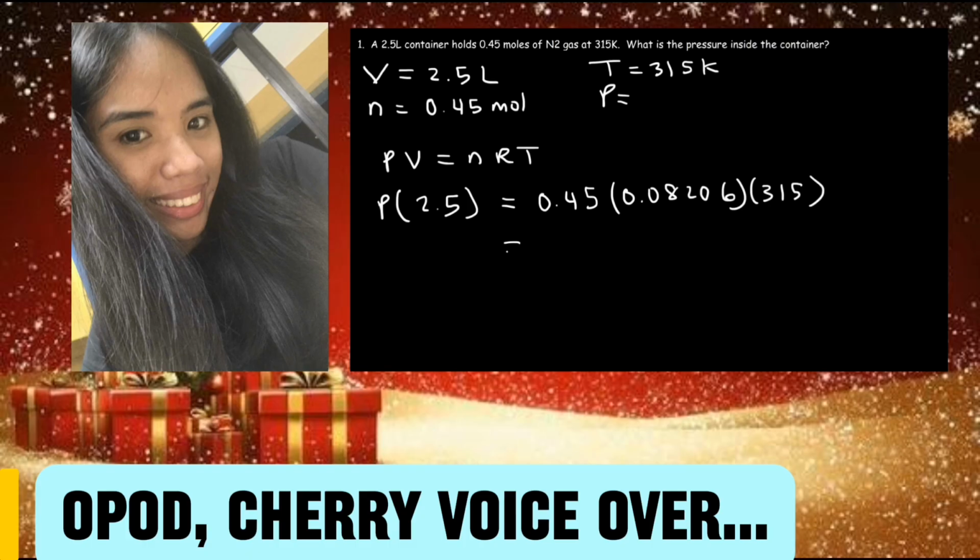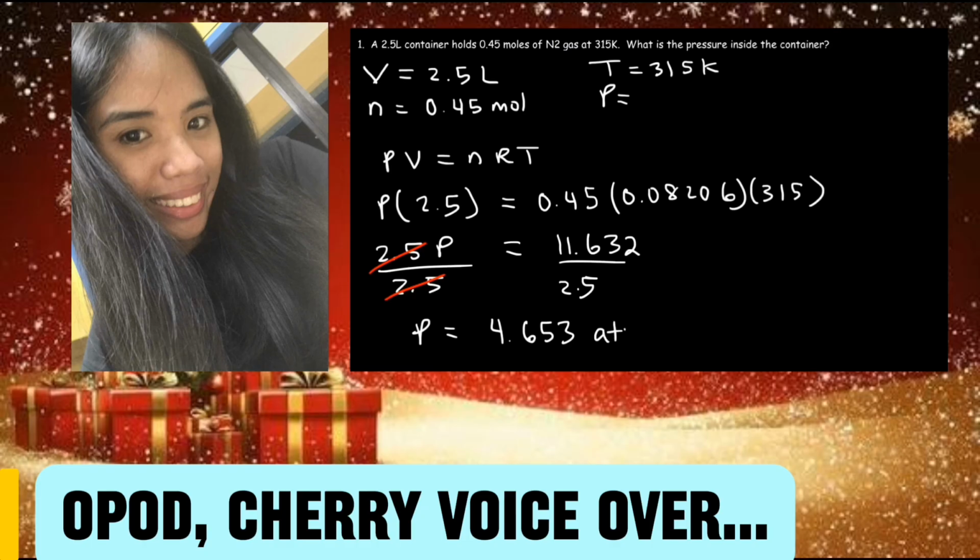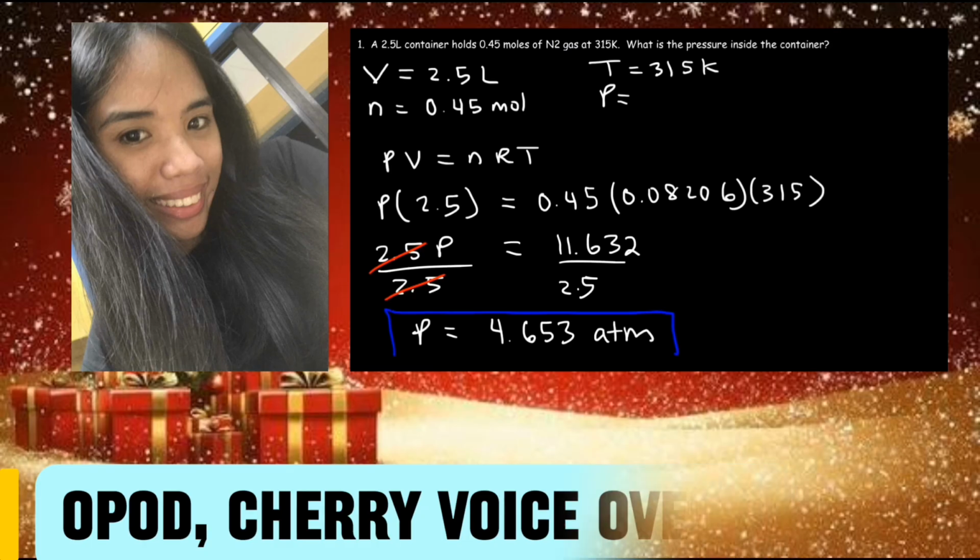That's equal to 11.632. Now, to get P by itself, we have to divide both sides by 2.5. So it's 11.632 divided by 2.5, and that's going to give you a pressure of 4.653 atm. And so this is the answer to this problem.